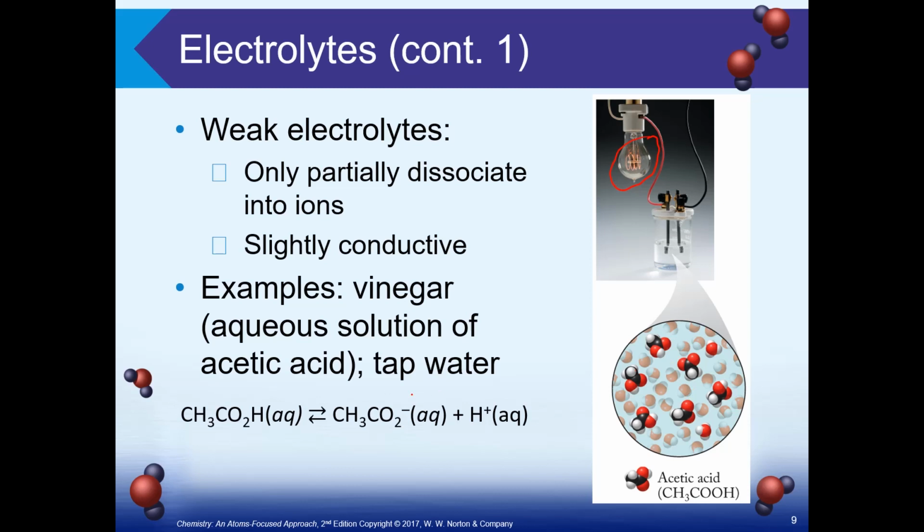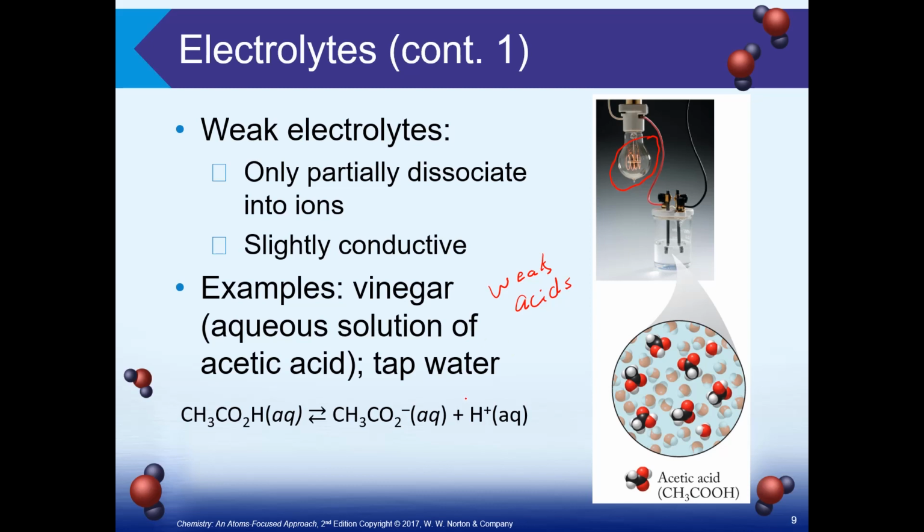So we get a little bit of the dissociated form, enough to get a little bit of current going, but not very much at all. So things like vinegar, which is an aqueous solution of acetic acid, or our other weak acids, are going to be good weak electrolytes.